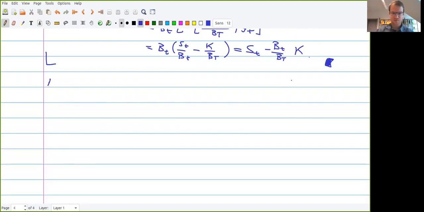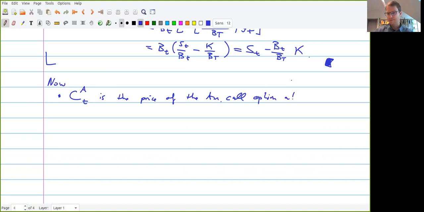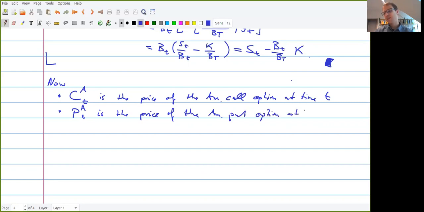So now let's divide by B_T. C^A is the price of the American call option at time t, and the same, P^A is the price of the American put option at time t.